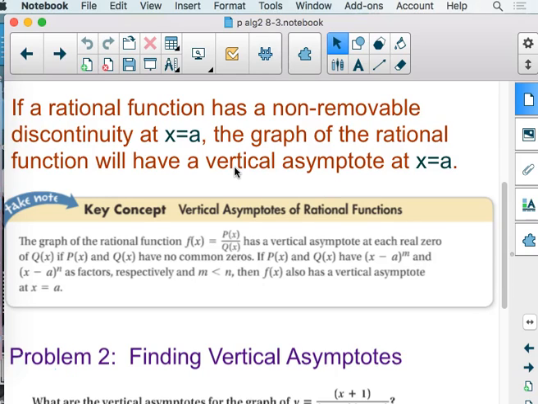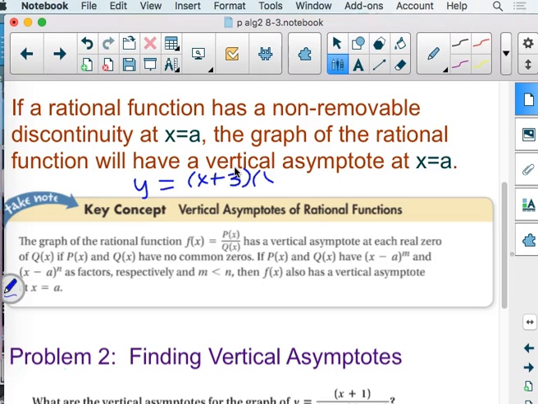So if we have something like this, and we realize, say that x minus 1s are going to cancel out. That means there's a hole at x equals 1. So I would want to know 1 what?